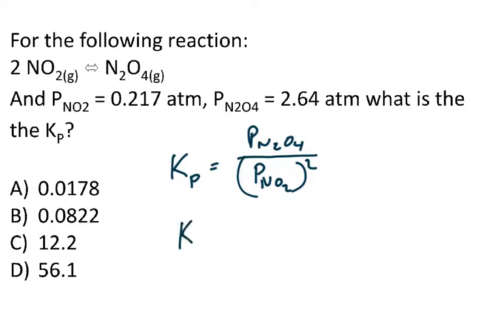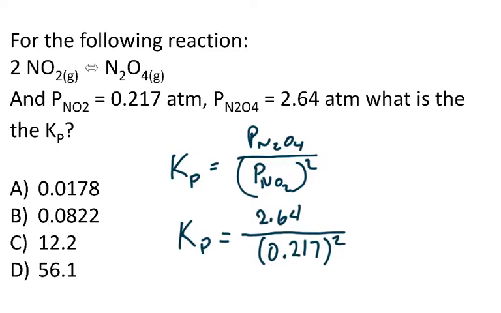We're given our partial pressures. So we can plug them in and solve it, and we get an answer of 56.1.